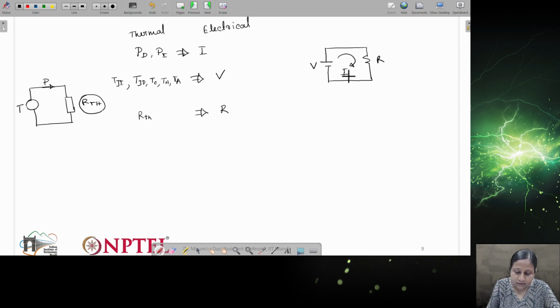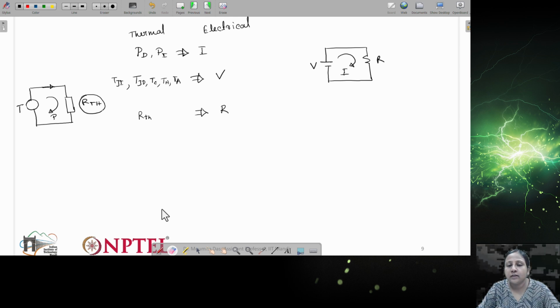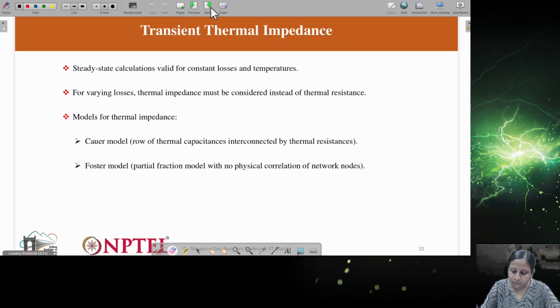P is equivalent to current and R is equivalent to RTH. So I can also draw this P like this, similar to this particular diagram. Okay, so this is how we can derive this thermal model.